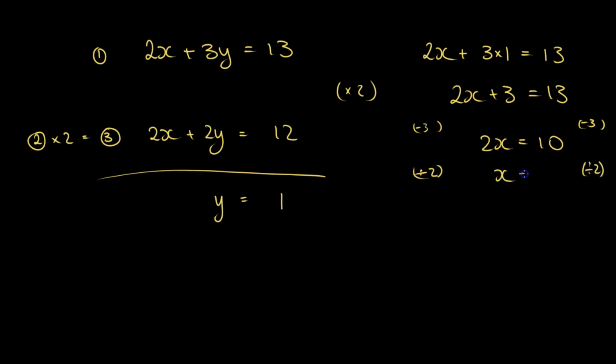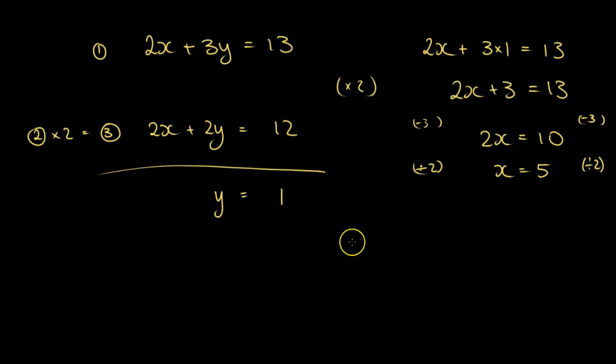That will get me x is equal to 5. So the solution to these pair of equations, and in fact the solution to equation 2 and equation 3, they all have the same solution, which is y equals 1 and x equals 5.